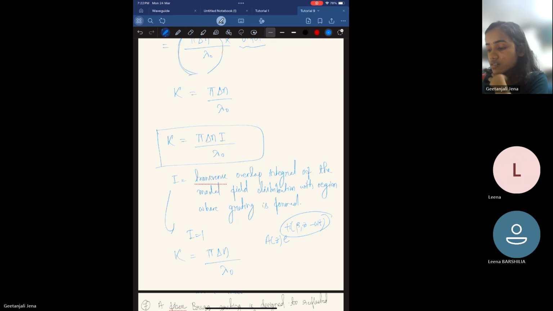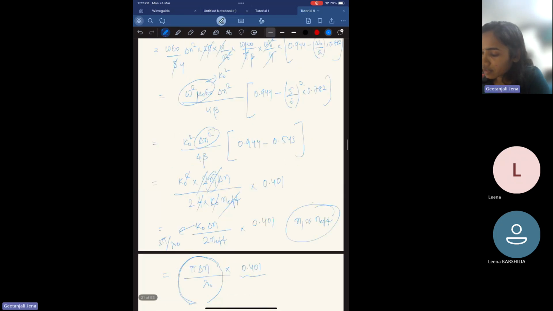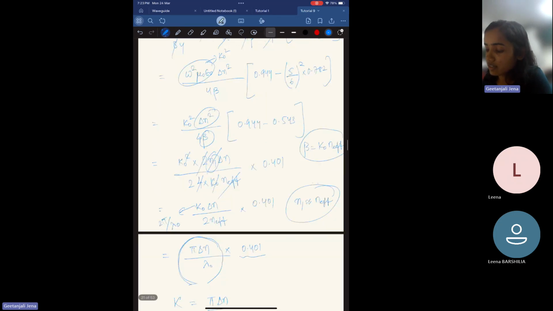I didn't get your question actually. N effective comes from beta. Beta is always k0 n effective. From there we got k0 n effective. And now in this step I have approximated that N1 is approximately equal to N effective.